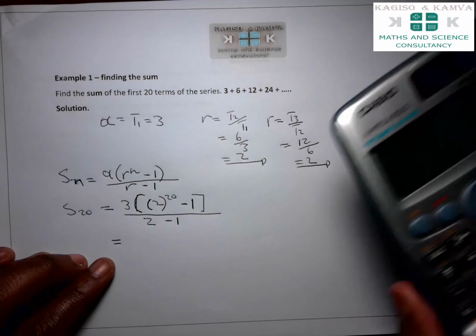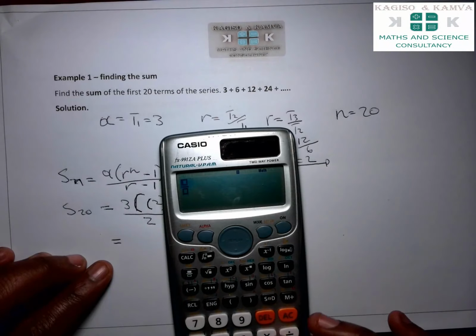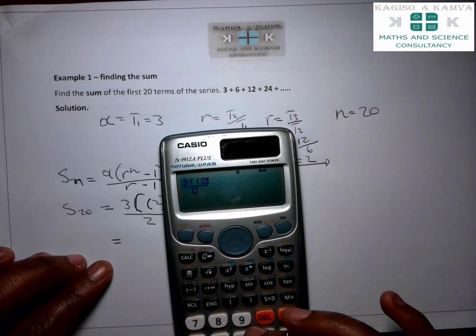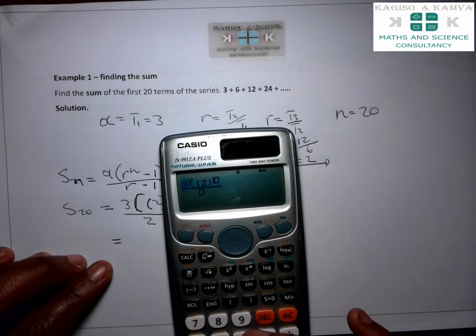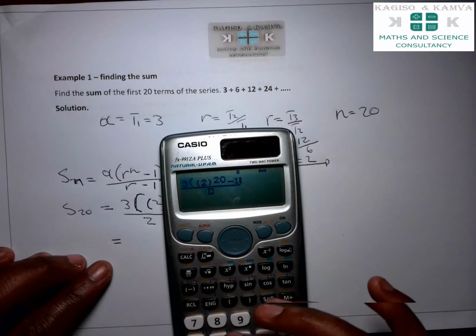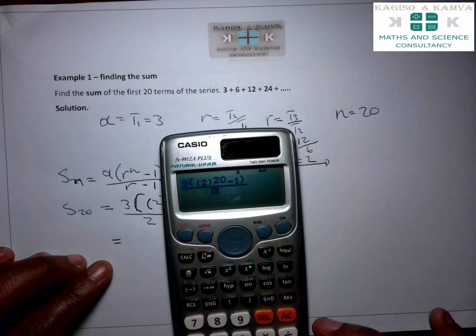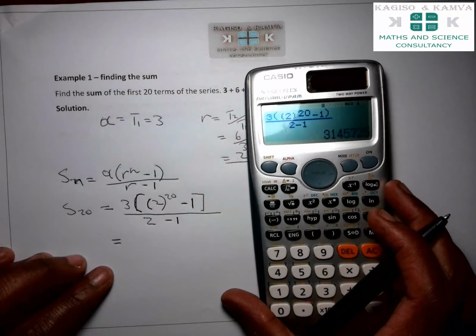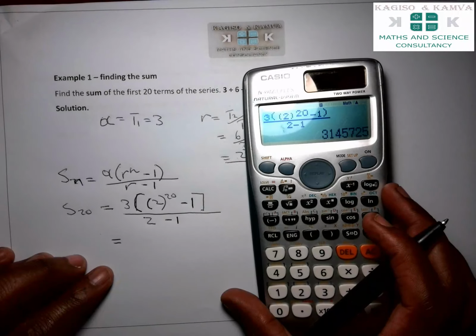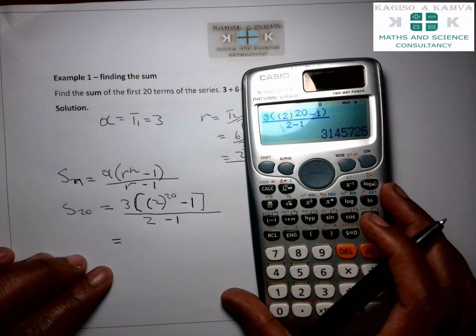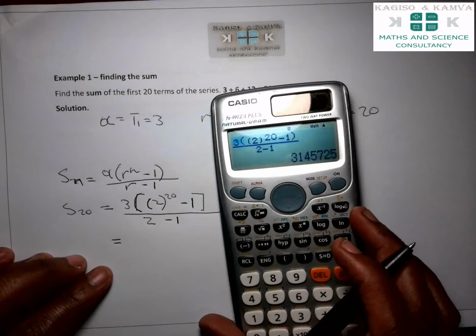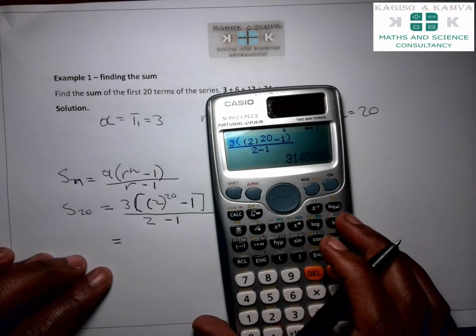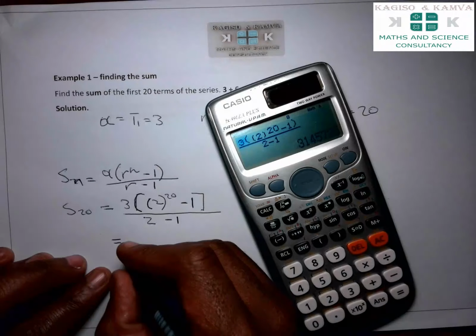So you punch all this in your calculator. Our answer here is going to be 3,145,725.